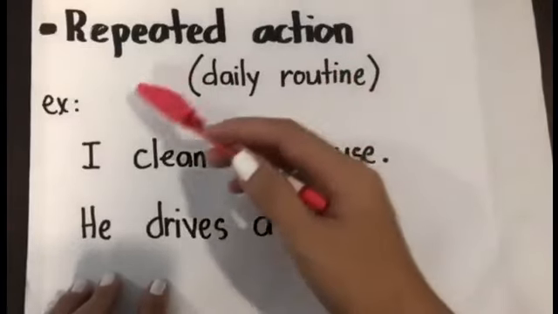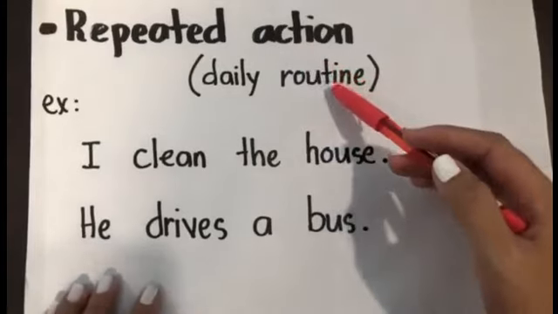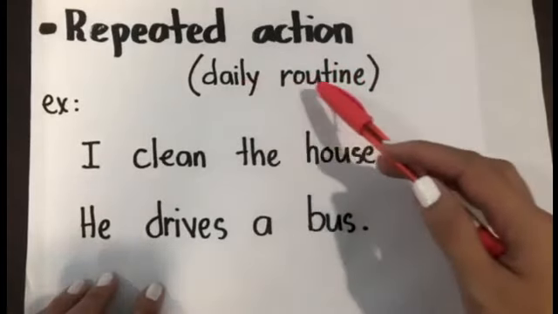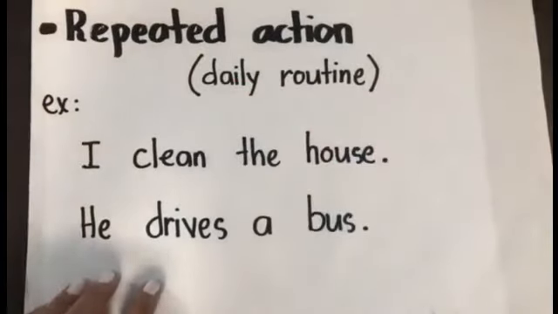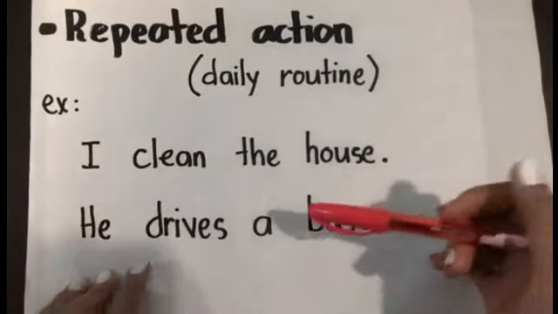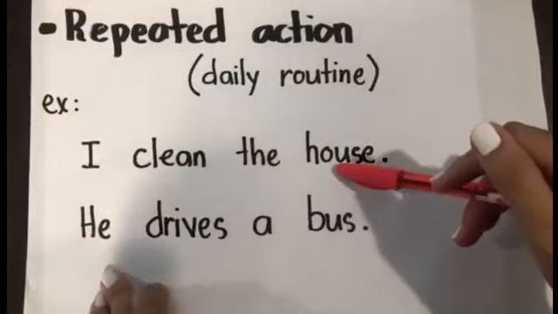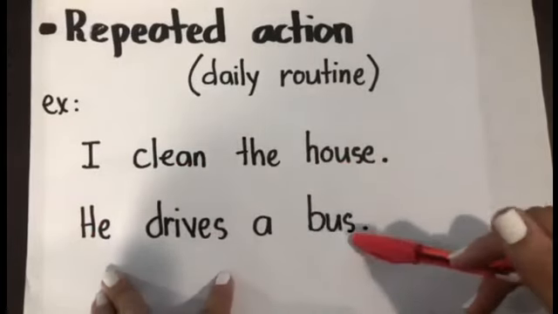Now let's have for repeated action, or just like what we do in our daily life or our daily routine. For example, we have I clean the house, he drives a bus.